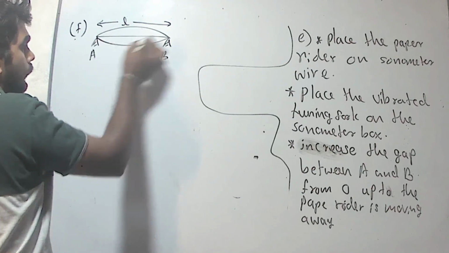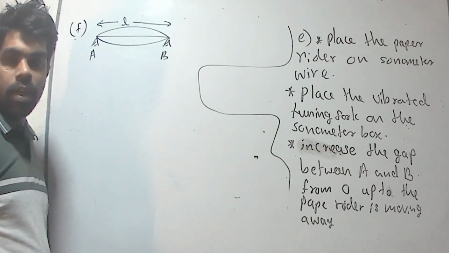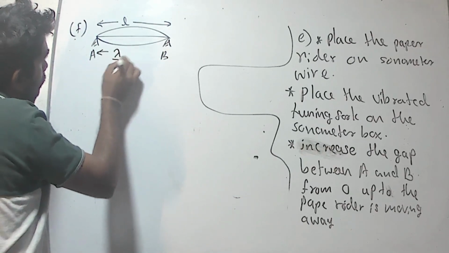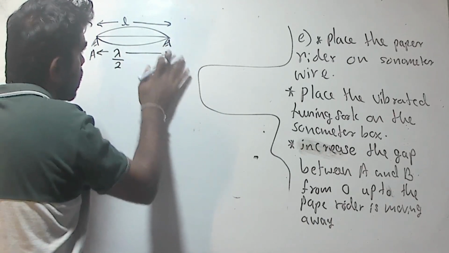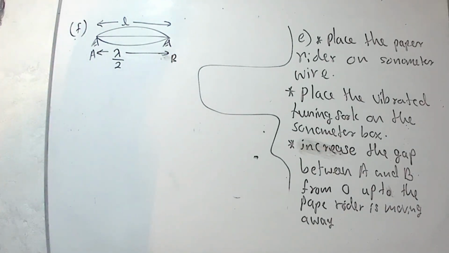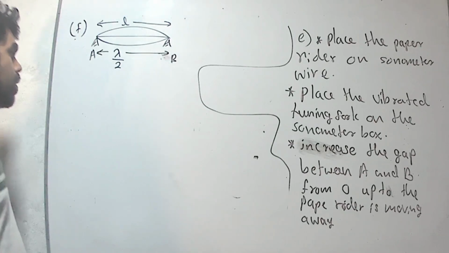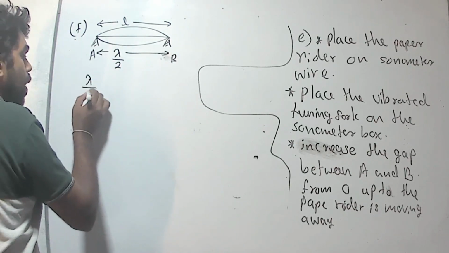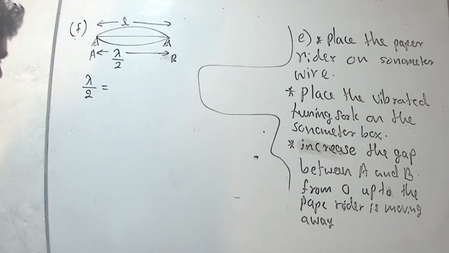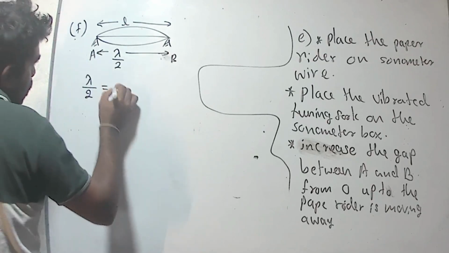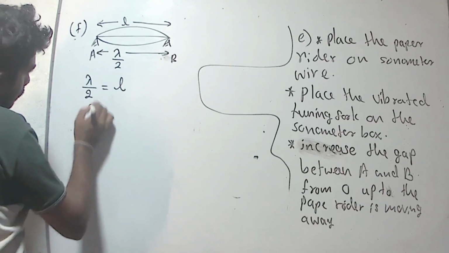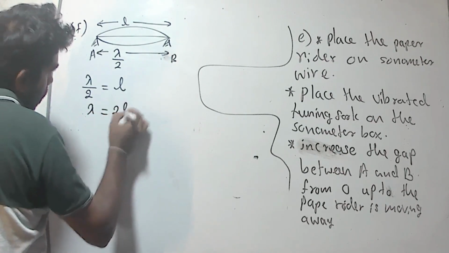And we know that there is only one loop in the wave pattern, therefore it is equal to half of the wavelength. One loop is equal to half of the wavelength. Half of the wavelength equals the length of the vibrating wire. Then we can subject lambda. Wavelength is 2L.